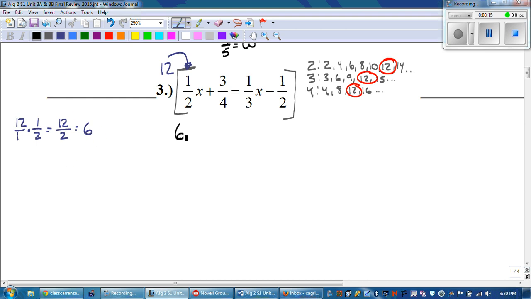So that first term is 6x. Okay, now we have 12 over 1 times 3 over 4. Multiply straight across, we get 36 over 4. And 36 divided by 4 is 9.